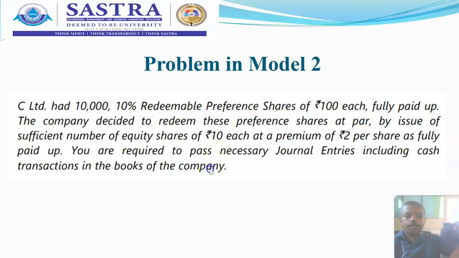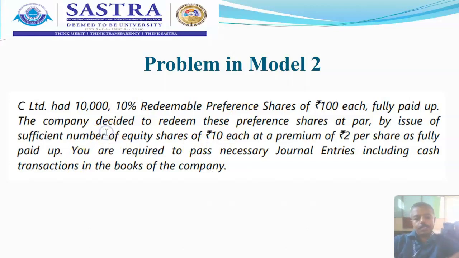The amount required for redemption is rupees 10 lakhs only. Therefore, the face value of equity shares to be issued for this purpose must be equal to rupees 10 lakhs. Premium received on new issue cannot be used to finance the redemption of preference shares.